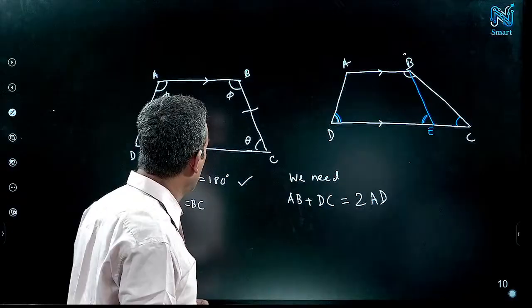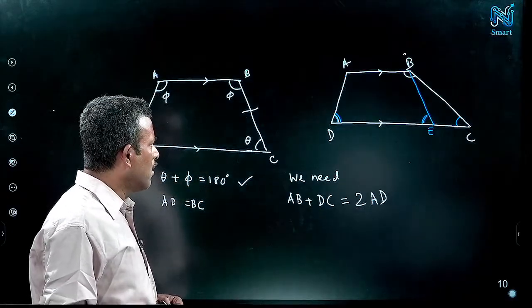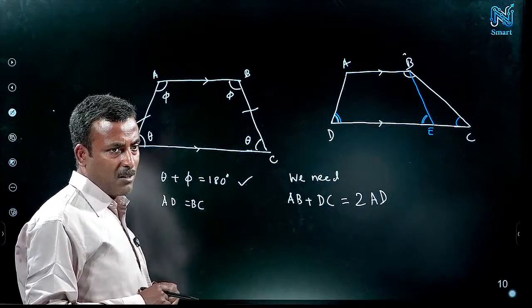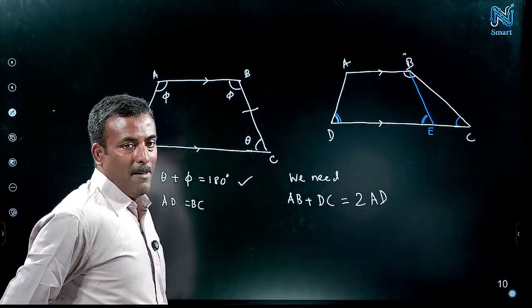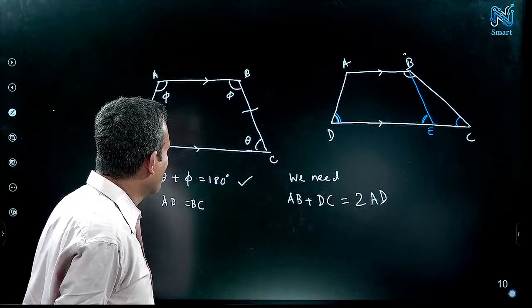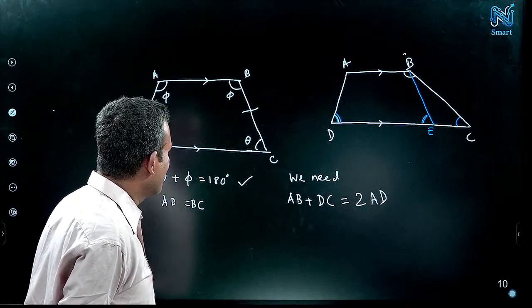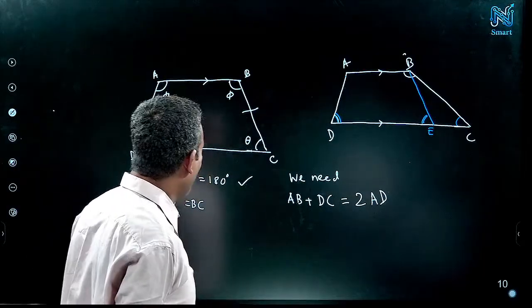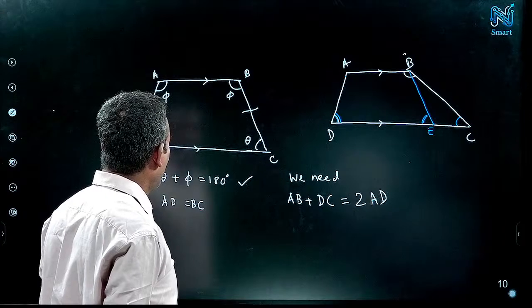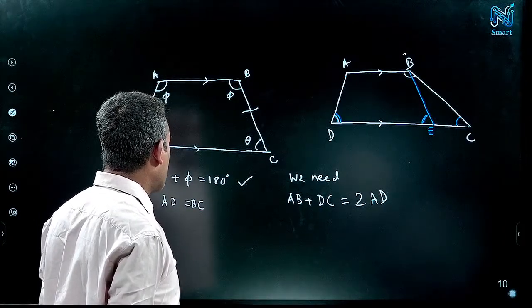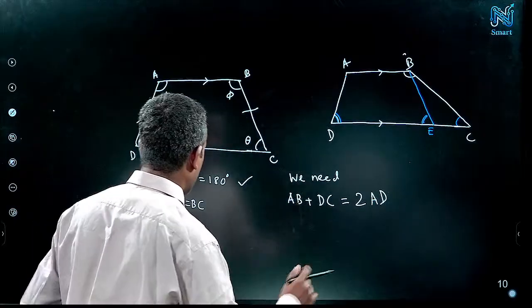So is it always true, or can I draw something other than a square, this type of thing? Intuitively we can know. Why? So the basic idea is this, we draw something like this.